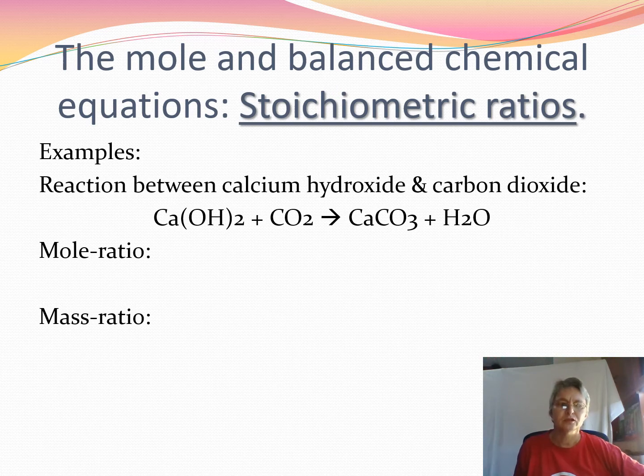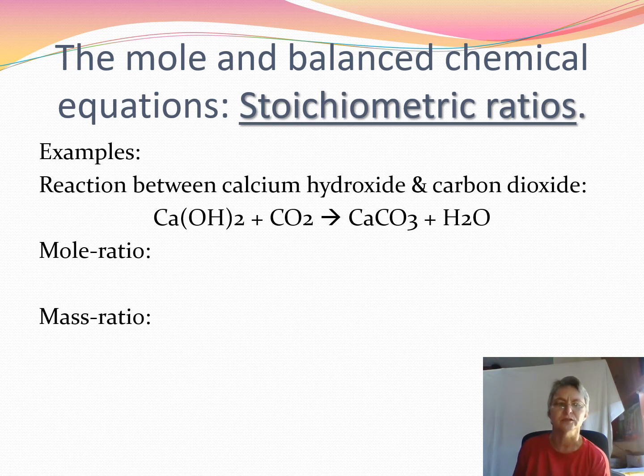Right, the last slide in this, the mole and balanced chemical equations, we say stoichiometric ratios. So my example is the reaction that makes clear lime water milky between calcium hydroxide and carbon dioxide.